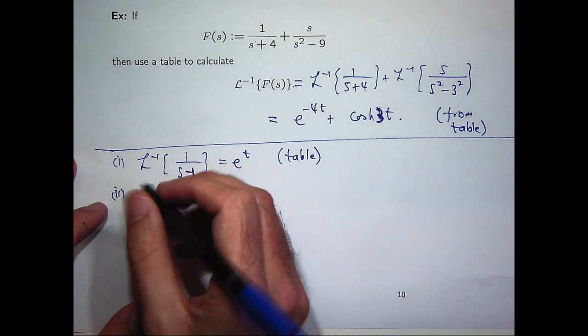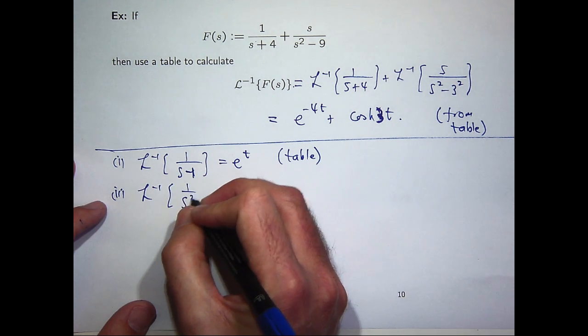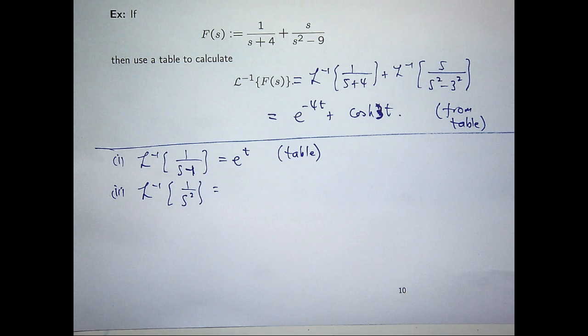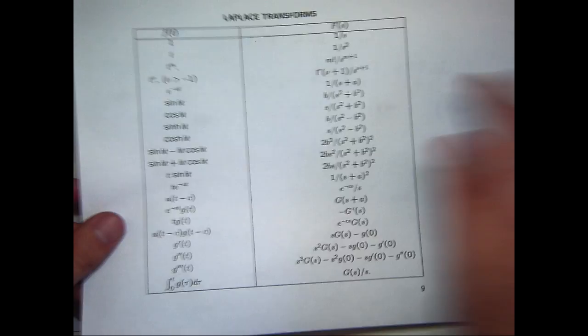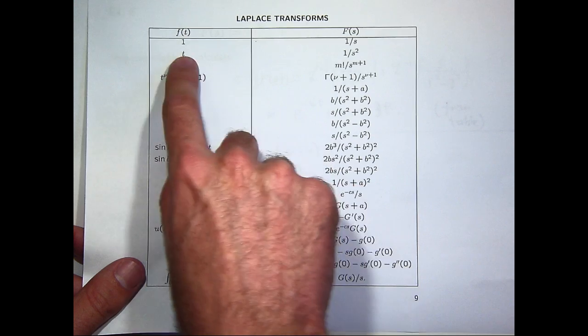Okay, what about some other ones? The inverse transform of 1 on s squared, let's say. Okay, if I look down to the second row, I've got the inverse transform of 1 on s squared, which is just t.